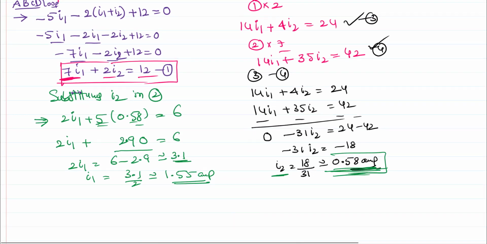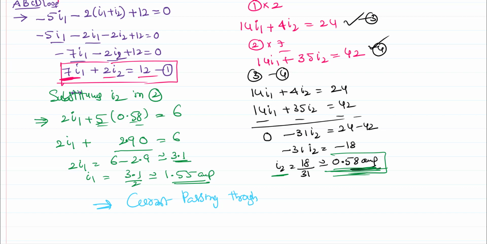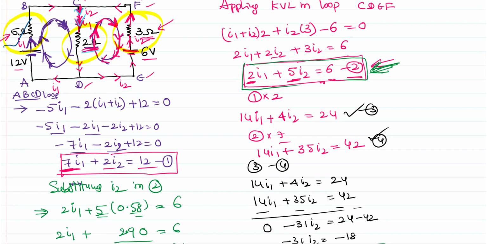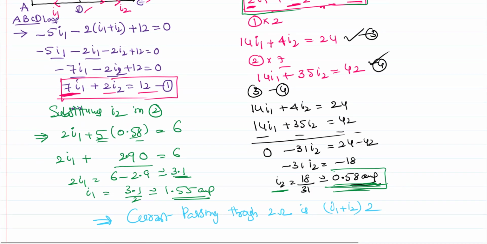So the last part of the problem: the current passing through the middle resistor, that is 2 ohms, is (I1 plus I2) times the resistance, 2. So the I1 value is 1.55, I2 is 0.58.